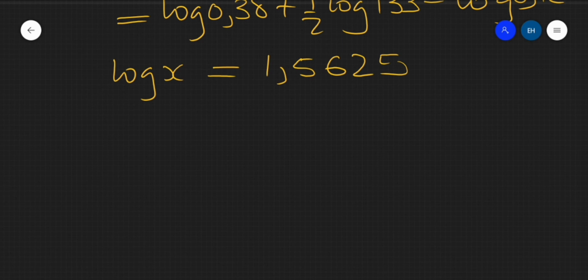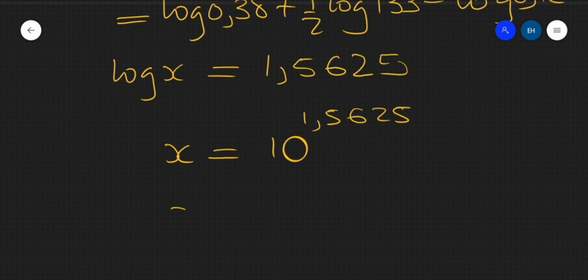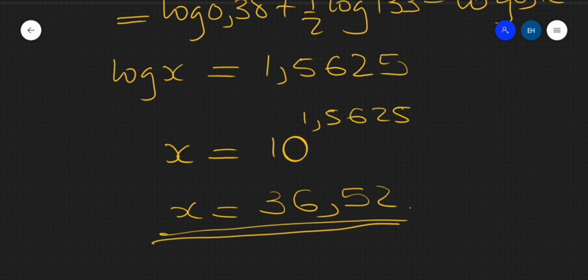So we are saying the number will be equal to the base to the power of the exponent, which is 1.5625, and we'll get our x will be 36.52. That will be the correct answer. So this is how you deal with logarithms.